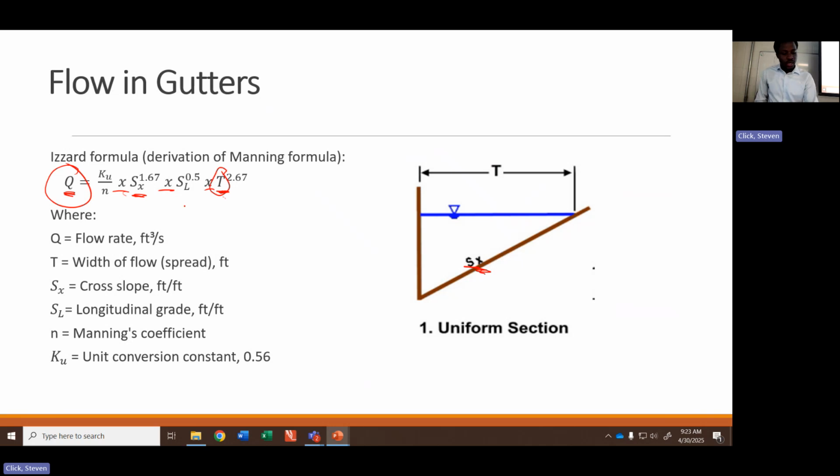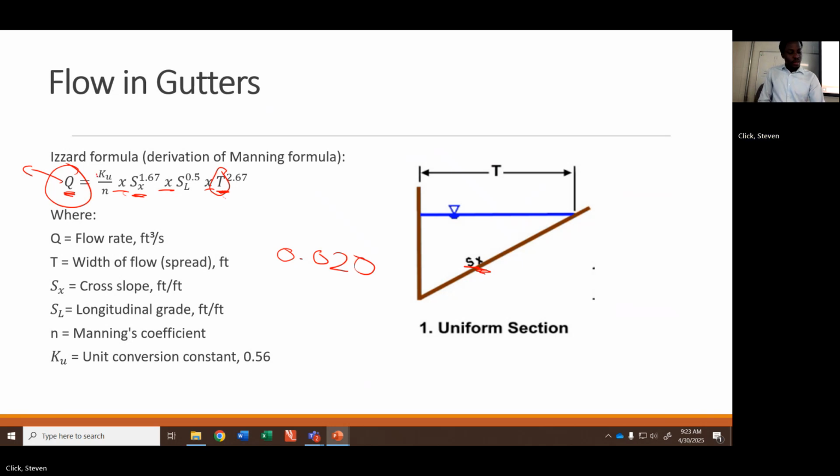So let's say you use a cross slope. You already know the flow from various calculations about the catchment and things. So you have a general idea of how the rainfall within that area will be like. So you have this value already. So let's say you assume a slope of, let's say, 2%, that will be 0.02. So you have the flow already.